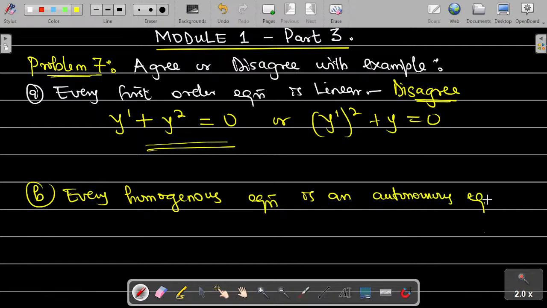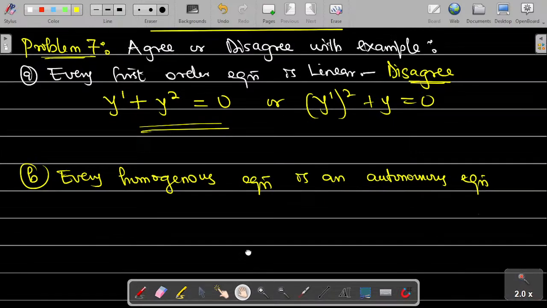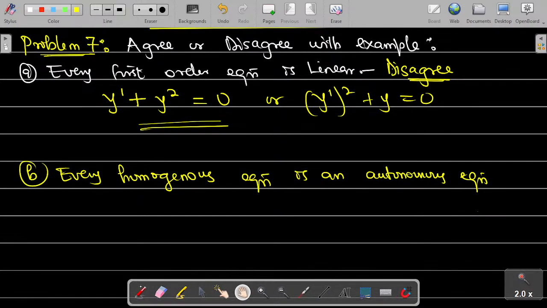All right, the second one, B. It says that every homogeneous equation is autonomous. The verdict here is disagree as well. And what then is a homogeneous equation? Can we give an example of one that fails this?